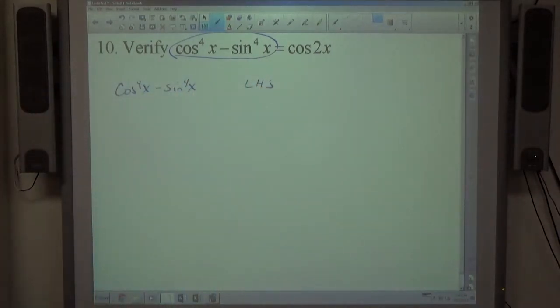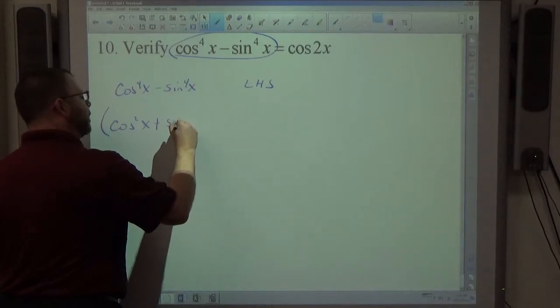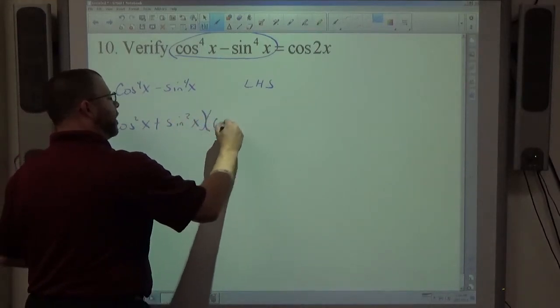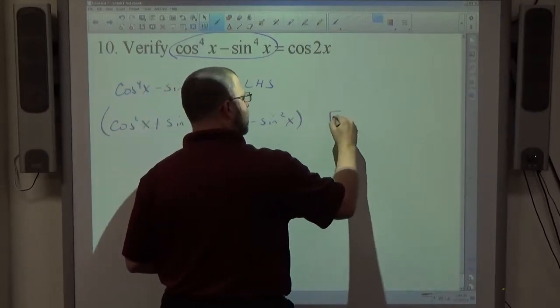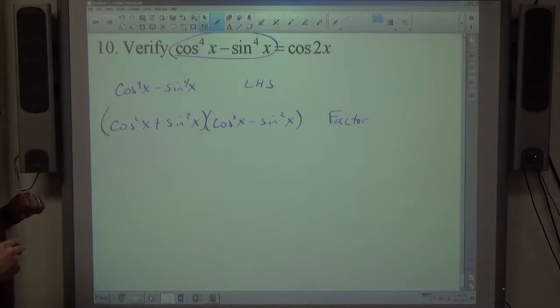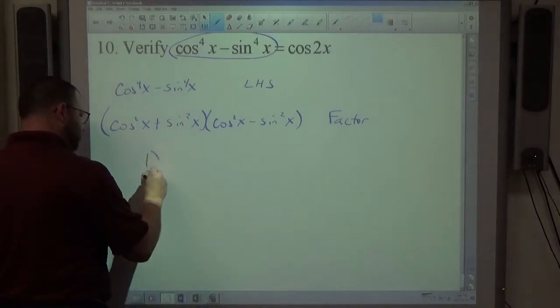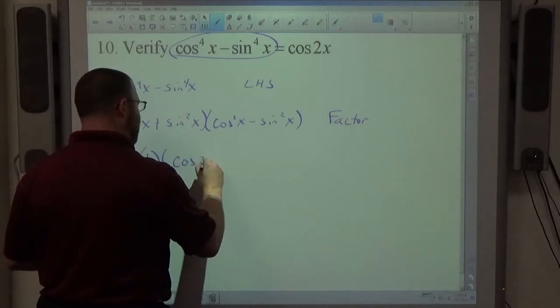Perfect squares being subtracted, so it's a difference of squares, so I would do cosine squared plus sine squared times cosine squared minus sine squared. That's just factoring a difference of squares. And then cosine squared plus sine squared is 1. And cosine squared minus sine squared just happens to be cosine of 2x.